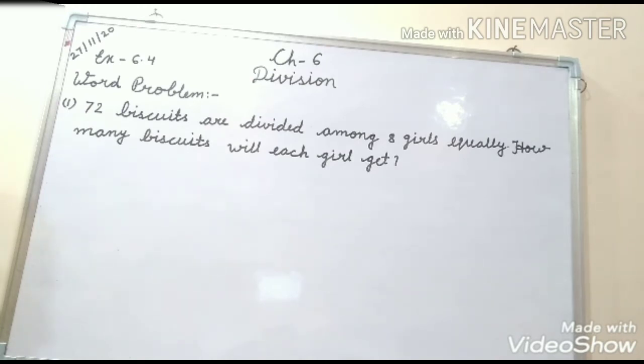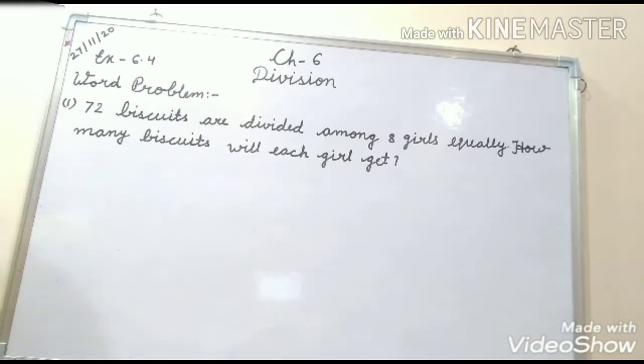For example, if you have some toffees and you have to distribute them equally among your friends or equally among your brother and sister, at that time you have to apply division. So it is necessary to learn word problems.